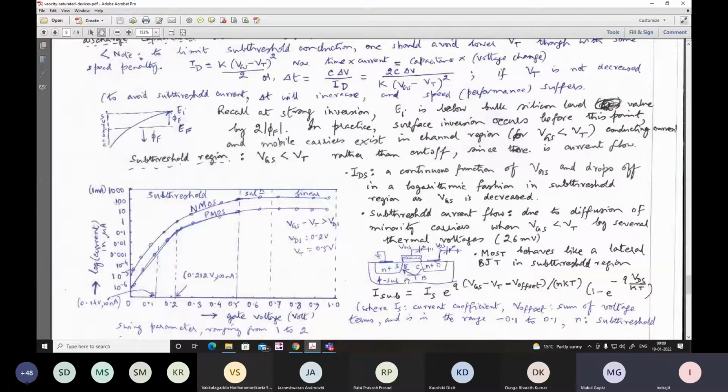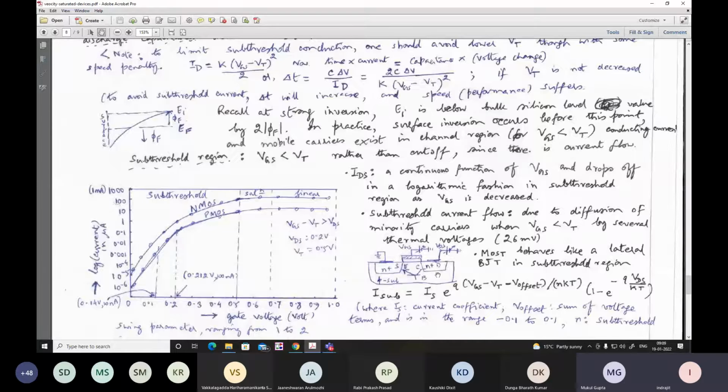If we consider a reverse biased PN junction, say the source here made of N and the P, and the P is the body or the substrate. Now it so happens that you can draw an analogy between such a movement of electrons from source to drain and a lateral NPN transistor, a lateral BJT with a very small amount of current amplification.